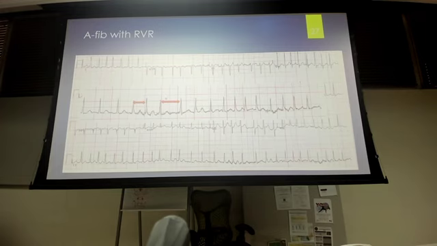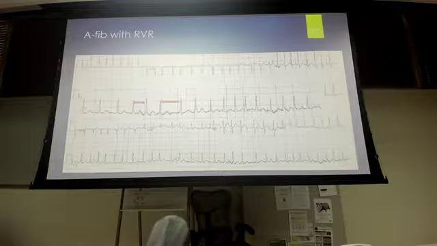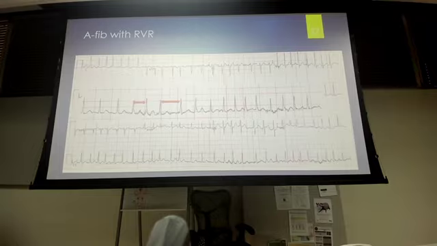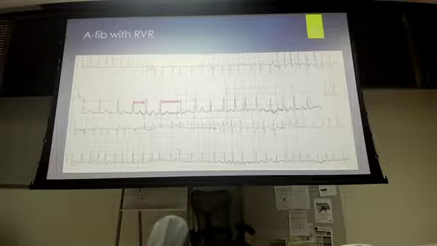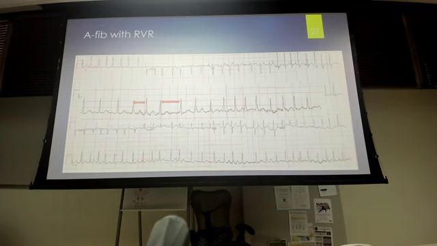Up here in V1, you see in between our R waves maybe a T wave here, we don't see a clear P, but we also don't see those flutter waves that we should see if this were atrial flutter. This is atrial fibrillation as well, especially in a person in the setting of underlying cardiac disease or thyroid problems.